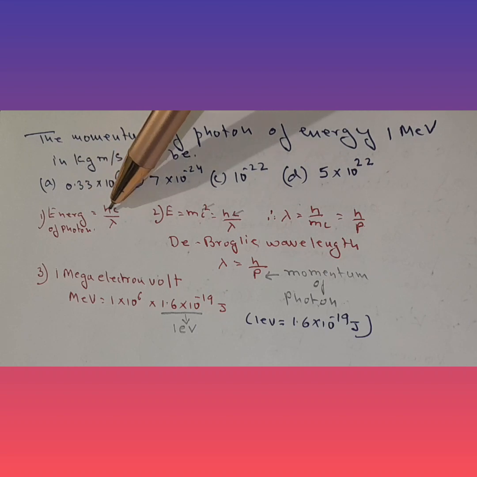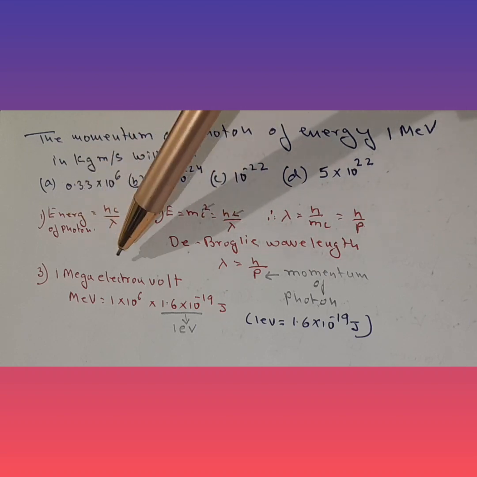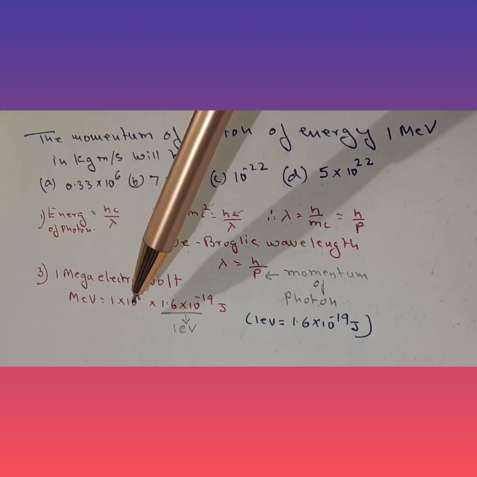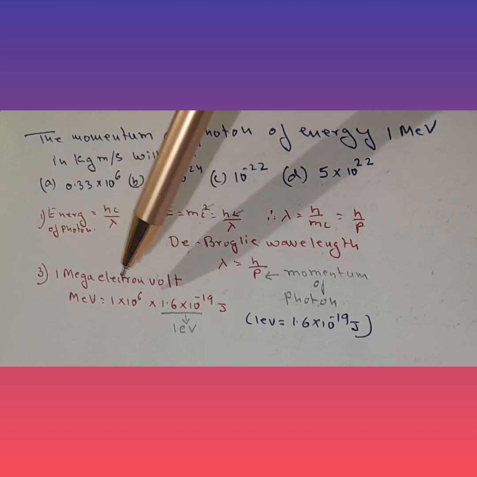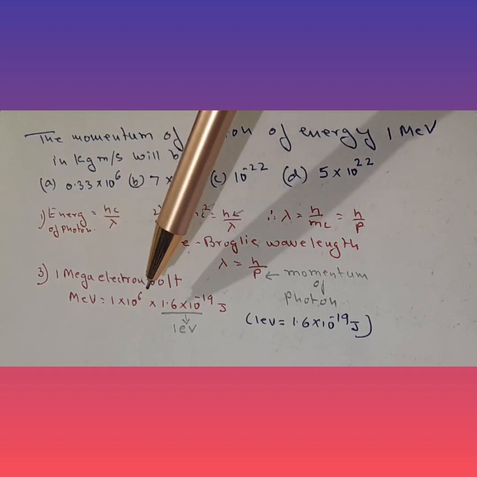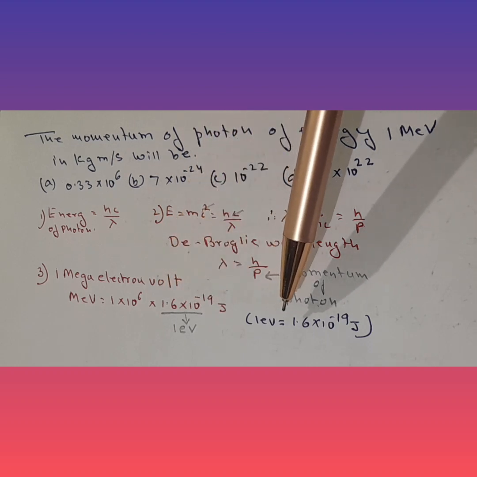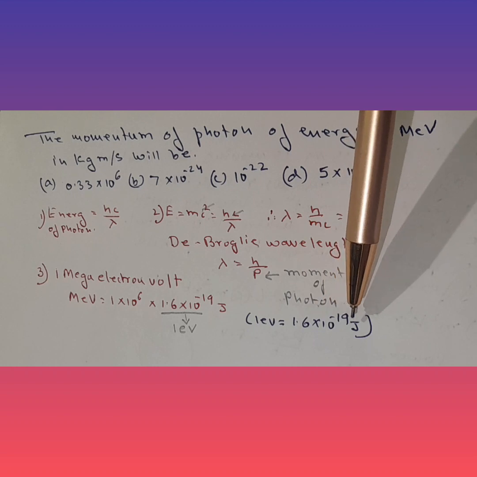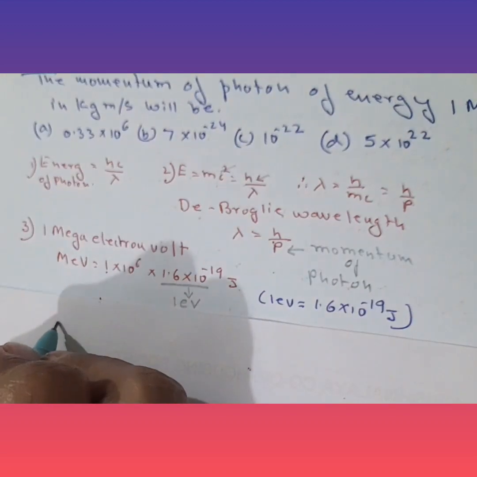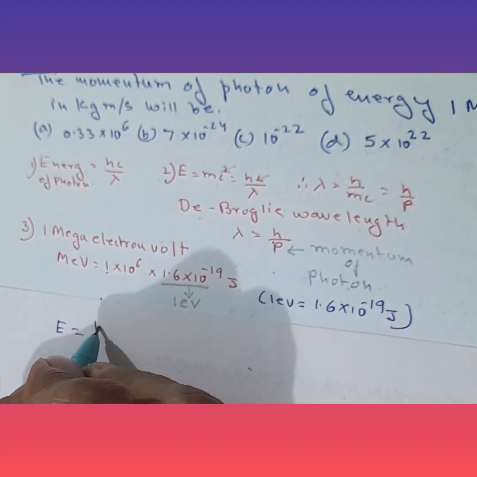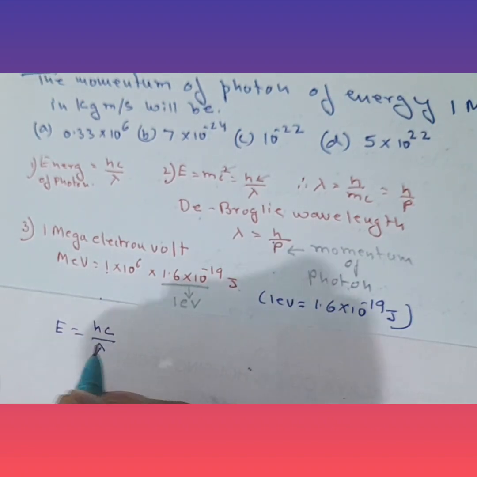Okay, so the third thing you are supposed to know is the conversion factor. 1 mega we know is 10 raised to 6 electron volts. 1 electron volt is 1.6 into 10 raised to minus 19 joules. Now energy is equal to hc over lambda.